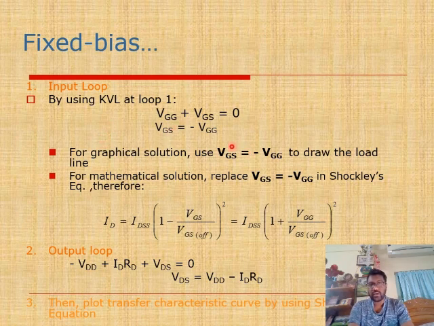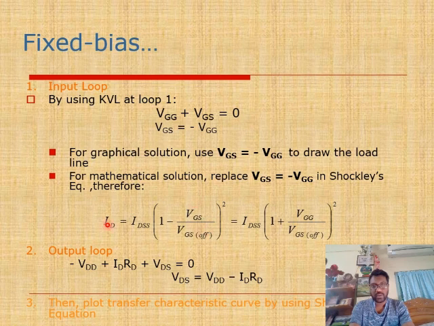Now if we write KVL in case of loop 1, means if we go to the input circuit, so VGG plus VGS equal to 0, where VGS equal to minus VGG.